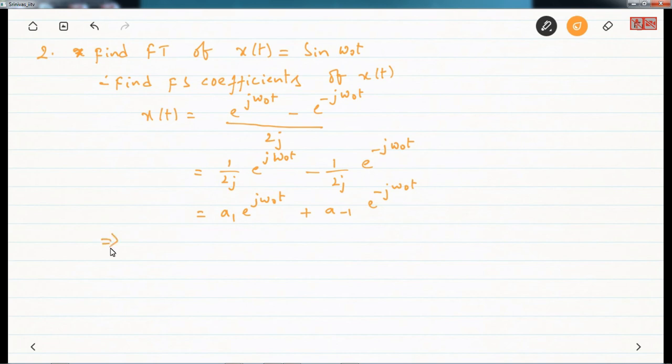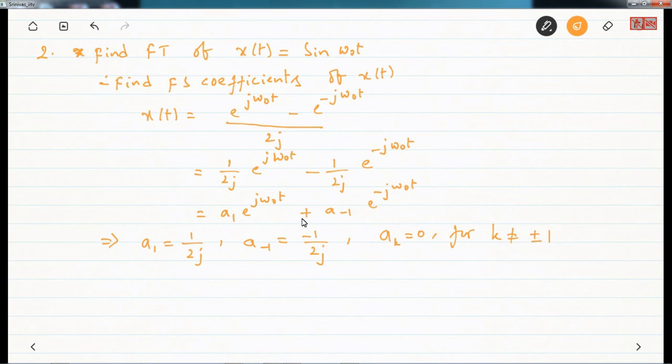So that implies the Fourier series coefficients are a_1 equal to 1 by 2j, a_minus1 equal to minus 1 by 2j, and a_k equal to 0 for k not equal to plus or minus 1.